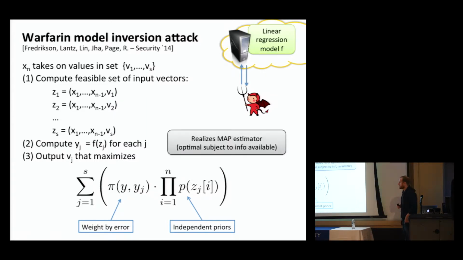Ignoring the complicated math, all this says is: give me the genetic marker that maximizes the likelihood of being correct, given all the information I have. This is a pretty standard maximum a posteriori estimator from the machine learning world, and it's optimal in some well-defined sense that I won't get into.